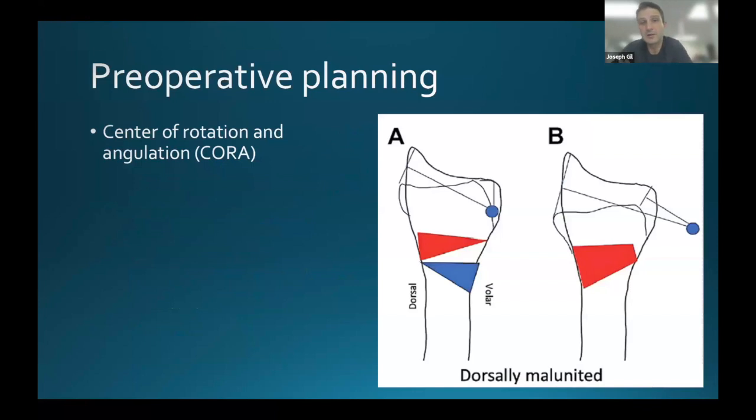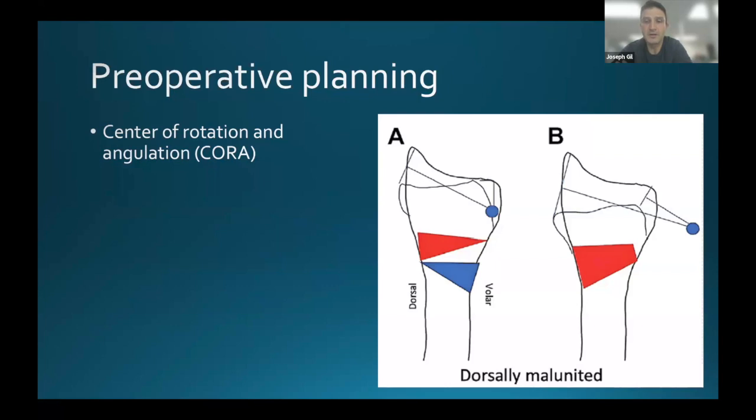This is an interesting preoperative planning concept I came across. I think this will help narrow down whether you should be considering a closing wedge or opening wedge osteotomy. The concept is called the center of rotation and angulation. This is an example of an extra-articular malunion in this figure. A is less severe, B is more severe.